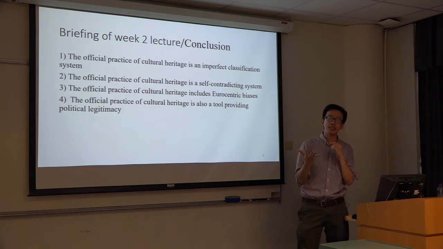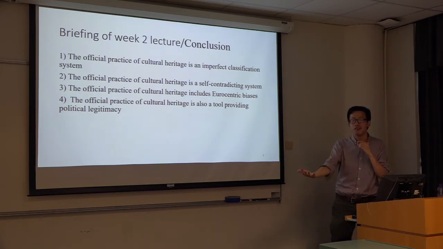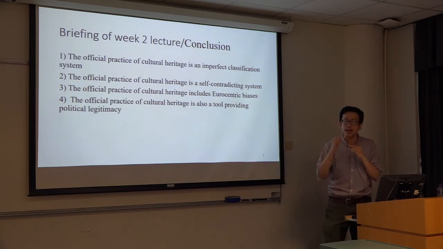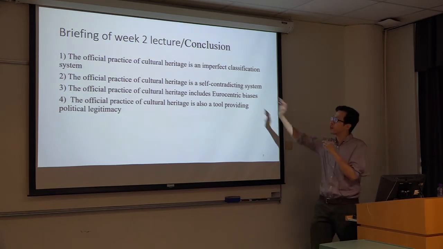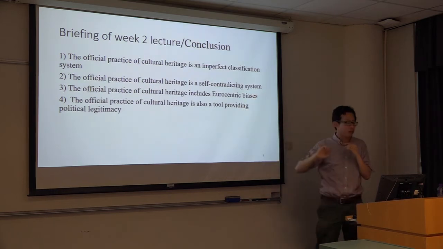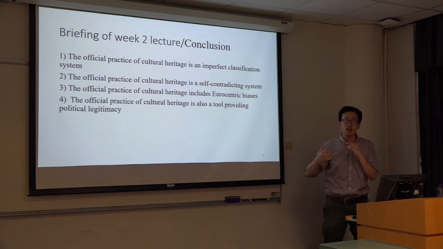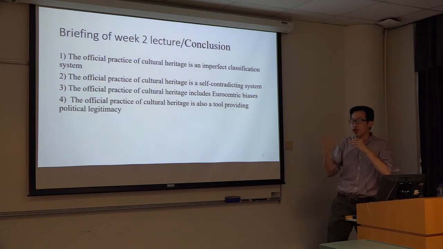And remember, even though this classification system was created by an institute like UNESCO, which you think is a very high-ranking authority, we already noticed that there are a lot of issues inherent within the classification system. So we already talked about it is not a perfect system, and a lot of ideas and concepts are self-contradictory to each other.